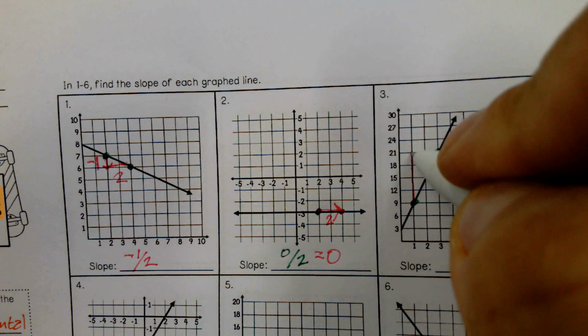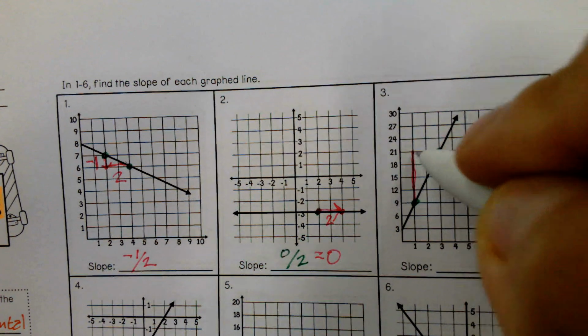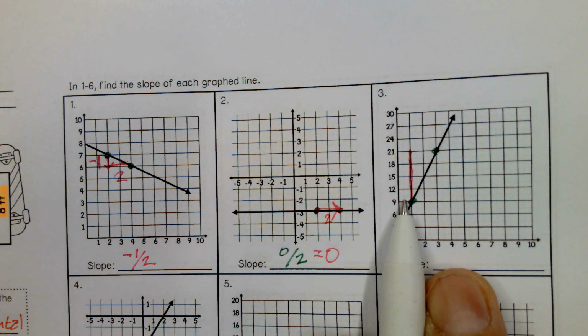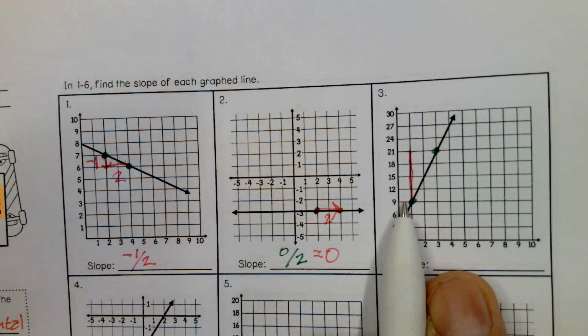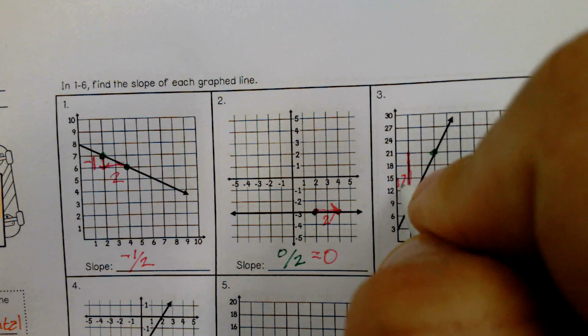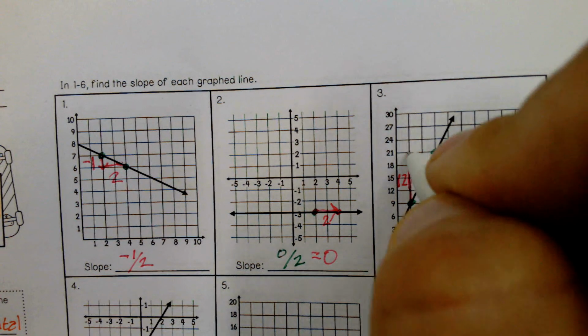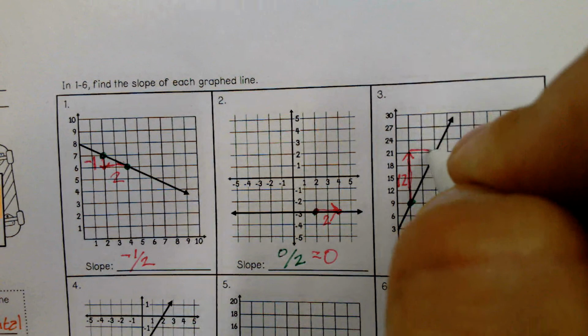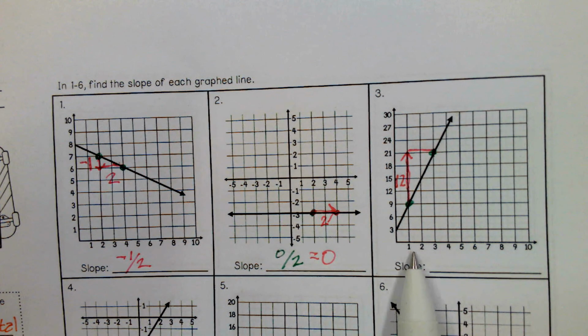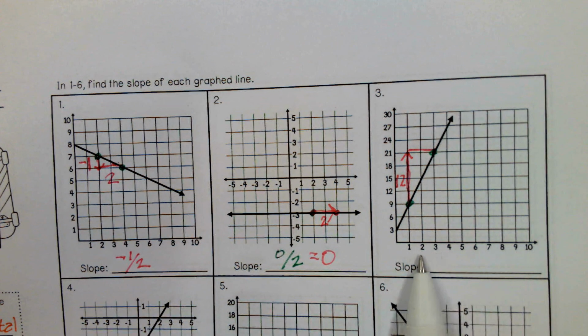Each time I go up, I'm not going up 1, I'm going up 3. So this would be up how many? 12. And the run, look at the x-axis. What's our skip count? By ones, right?